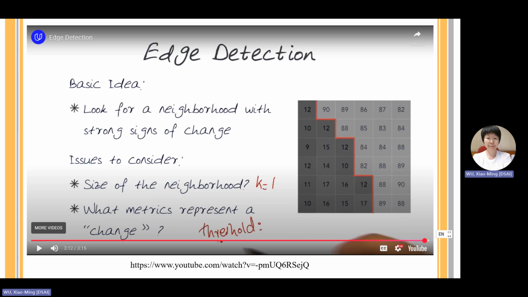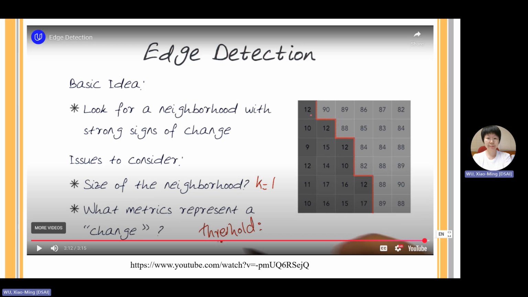We compare nearby pixels. We compare the intensity of neighboring pixels. But how do we define neighbors? Well, in this case, the neighborhood is said to be 1. So we might want to consider the difference between the current pixel, which is 90, and the pixel to its left.